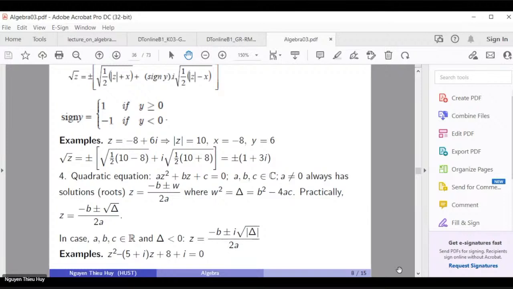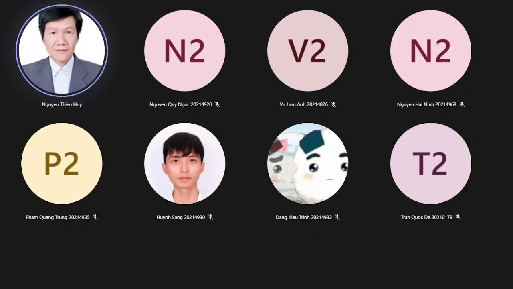So you have the equation z square minus (5 plus i) z plus 8 plus i equals 0. And now I share the blackboard as a whiteboard, so that you can see how easy it is to solve a quadratic equation on the set of complex numbers, on the field of complex numbers.